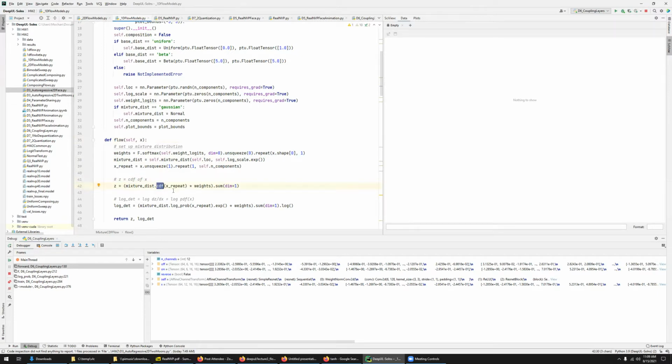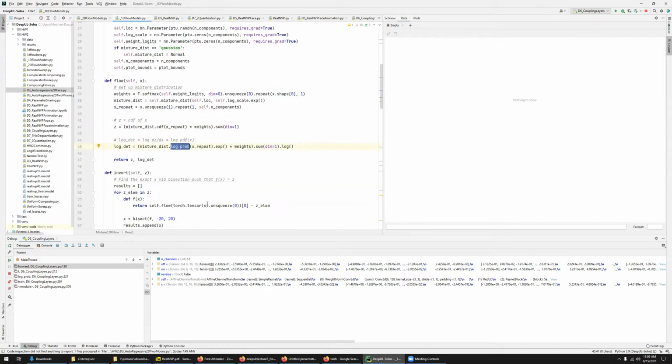So CDF, which also has the effect that the log PDF, which is actually the determinant of the derivative part, becomes the CDF, becomes the PDF. And of course, to add more confusion, log probability is actually the log probability density here. So it's not the probability, but it's the density function.